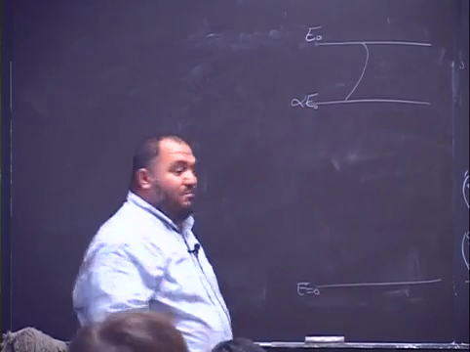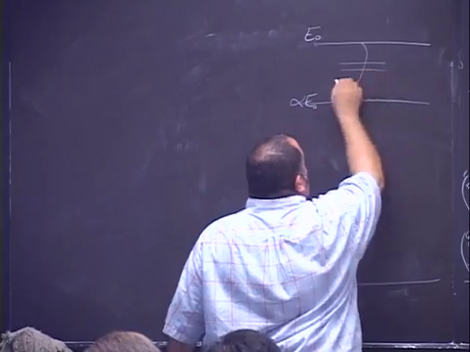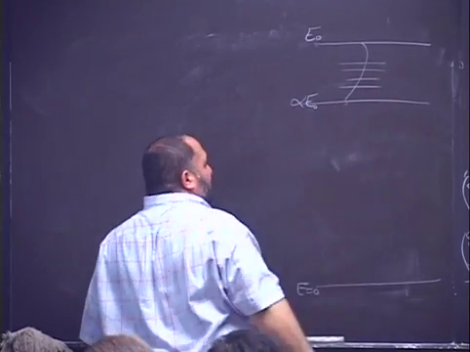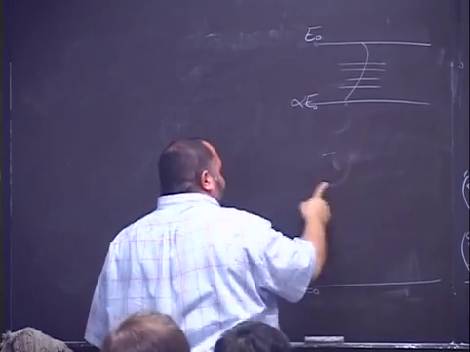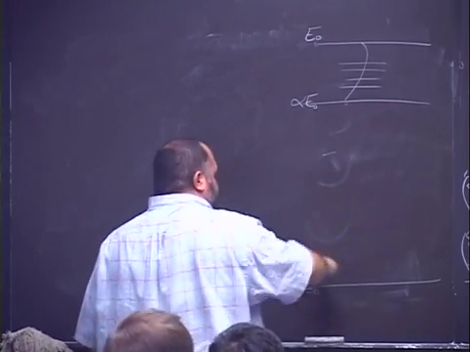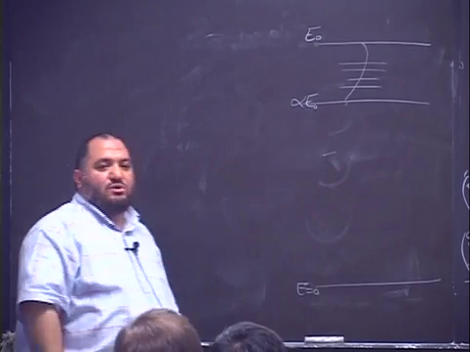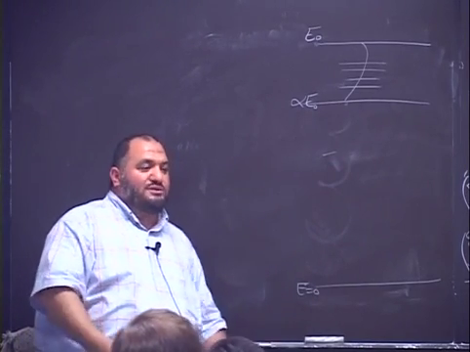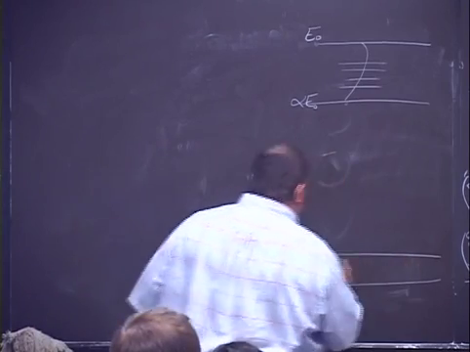Alpha E naught. It can get anywhere between alpha E naught and E naught in one single collision, but it cannot get below alpha E naught. So the second collision will get it here, then the third collision, fourth, fifth, until it reaches 0. How many of those collisions will bring the neutron down to, let's say, 1 electron volt, which is here?